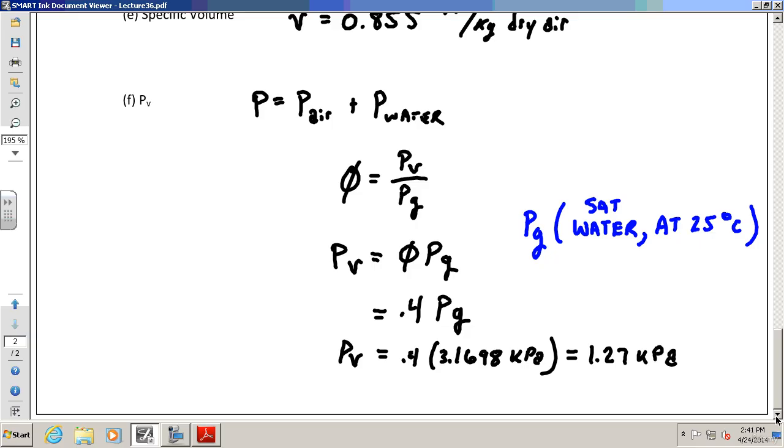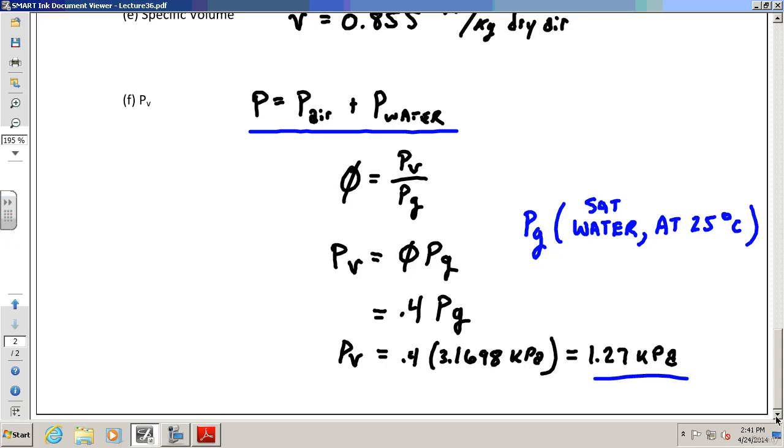Now, remember, as I said here, total pressure is equal to the vapor pressure plus the dry air pressure. Well, total pressure is around 100 kPa, right? If total atmospheric pressure is around 100 kPa and the water vapor is only 1.27, the other 99-ish is dry air.